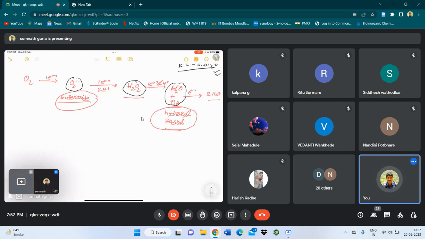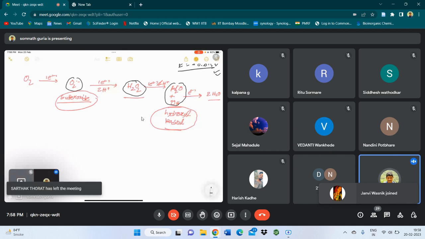So we are always aware that we need some antioxidants in our body. Different kinds of antioxidants can reduce this superoxide, hydrogen peroxide or hydroxyl radical to water molecule, and that can be removed from our body.